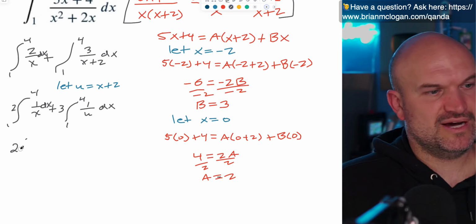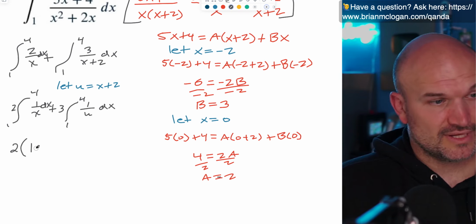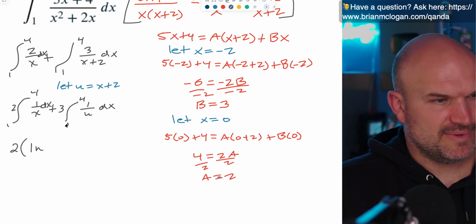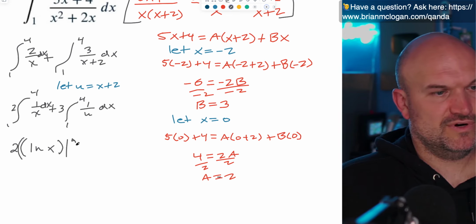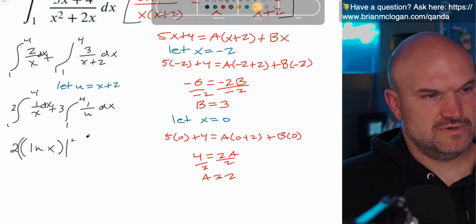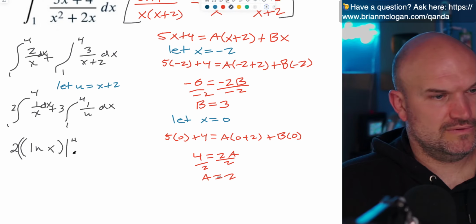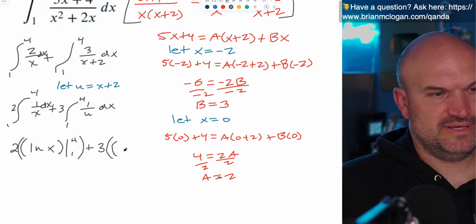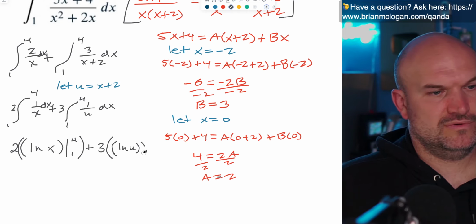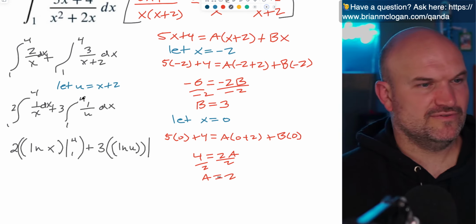So I have a 2 on the outside, and this is going to be the ln of x, evaluated from 1 to 4, plus a 3, and that's going to be ln of u, on that integral from 1 to 4.